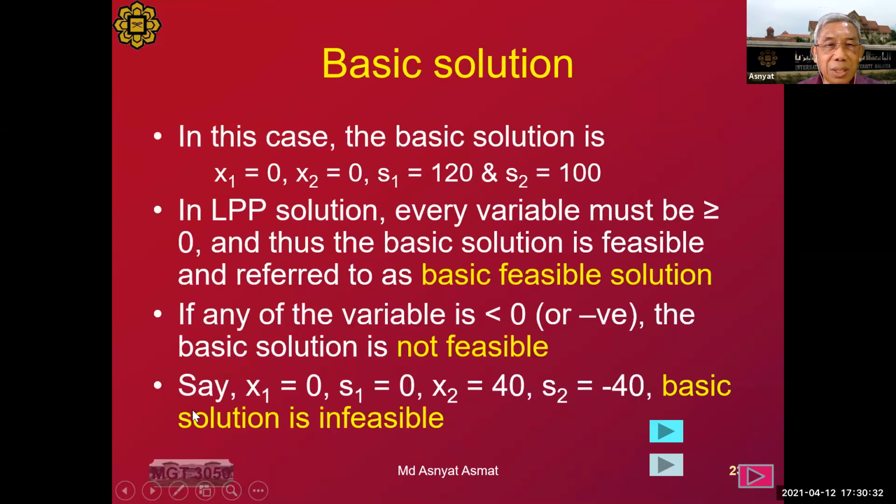So this is the concept of trying to get a basic feasible solution, and we may get a basic solution that is not feasible. But our approach is to find basic feasible solutions. In most cases, we start at the origin, that means x1 is 0, x2 is 0. Okay, let's move on.